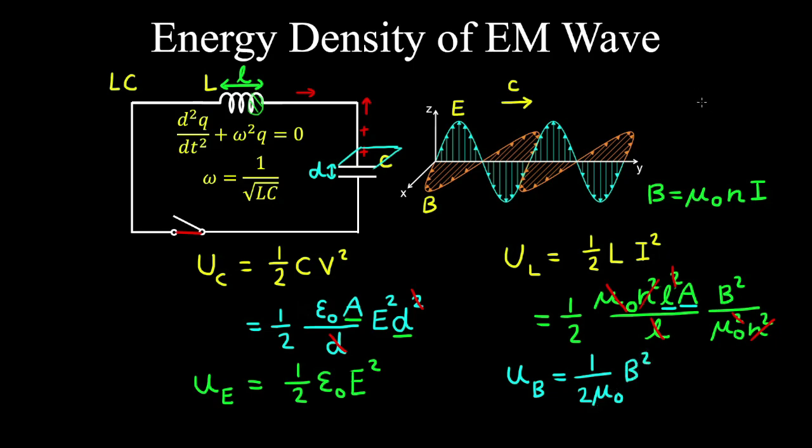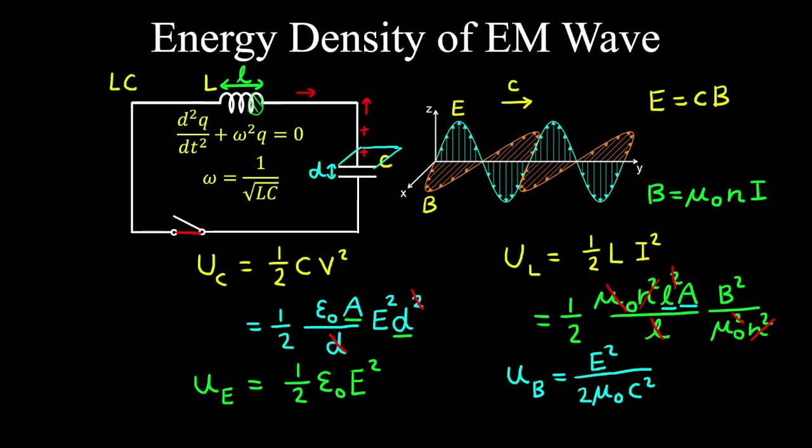Now recall that a charge moving in a magnetic field at a speed v induces an electric field equal to v times B. And in our case of an electromagnetic wave, the speed of the wave is equal to the speed of light. So therefore we can write B squared as E squared on c squared.